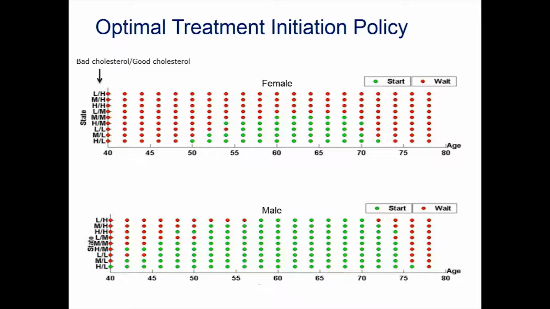At around age 50, somebody who has very high bad cholesterol and low good cholesterol would be recommended to initiate statins. As a patient gets older, there's more initiation. But if the cholesterol is kept under control, women might avoid entirely starting statins.